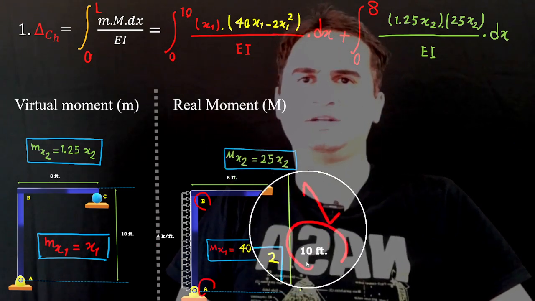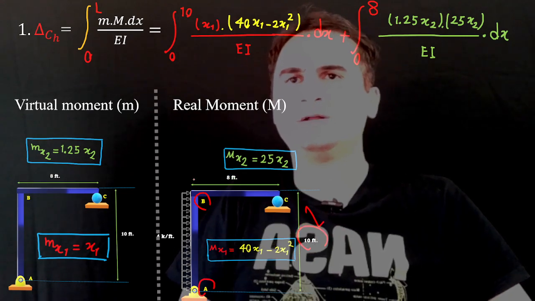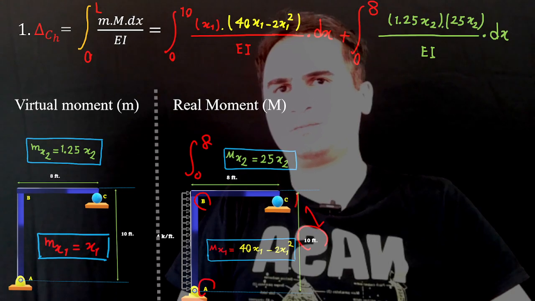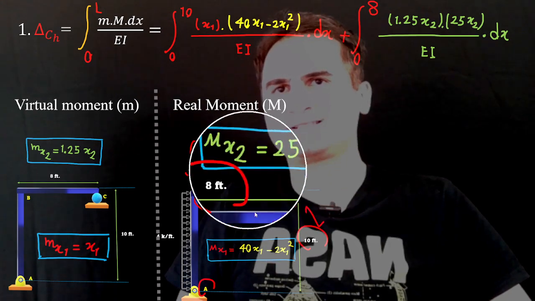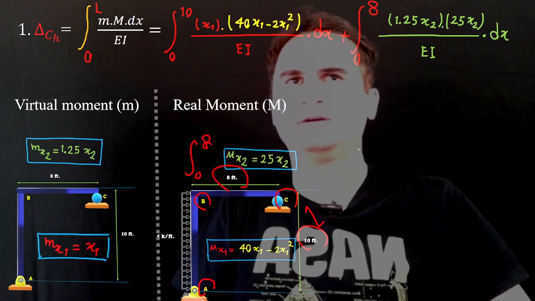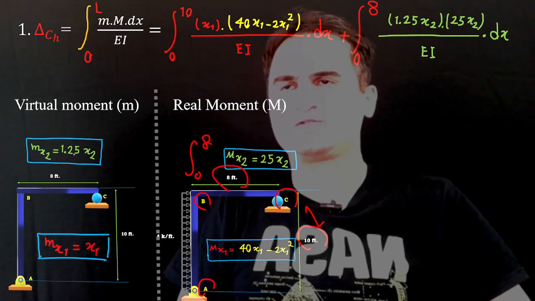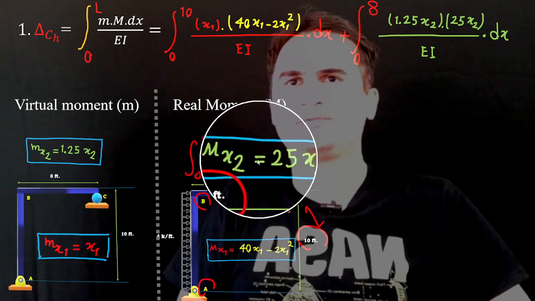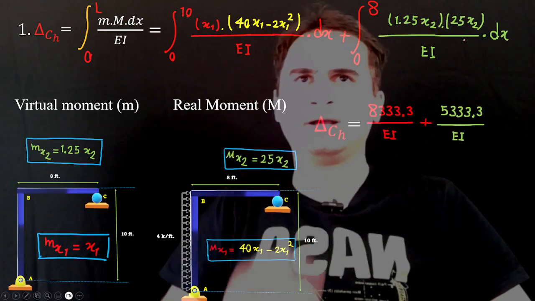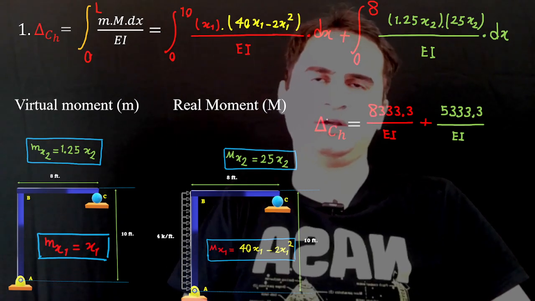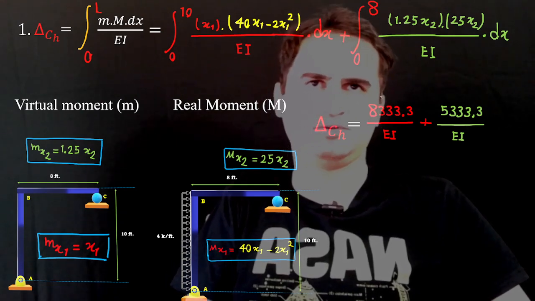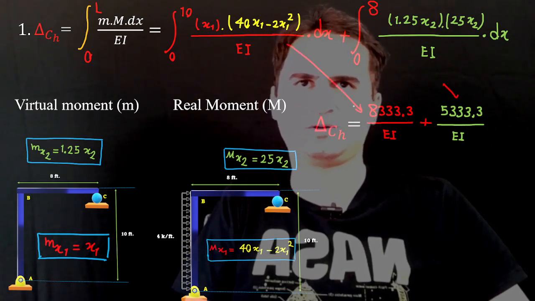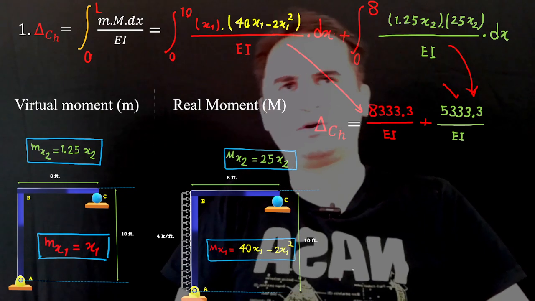Plus the integration from 0 to 8, from B to C, which is 8 feet, of small m, which is 1.25 x2, times capital M, which is 25 x2. If you do so, it gives you delta C horizontal equal to almost 8,000 over EI plus 5,000. This is the result of this part, and this is the result of this part.